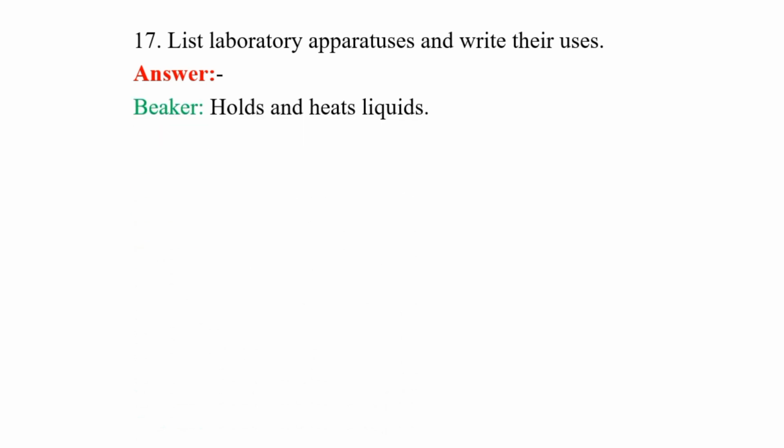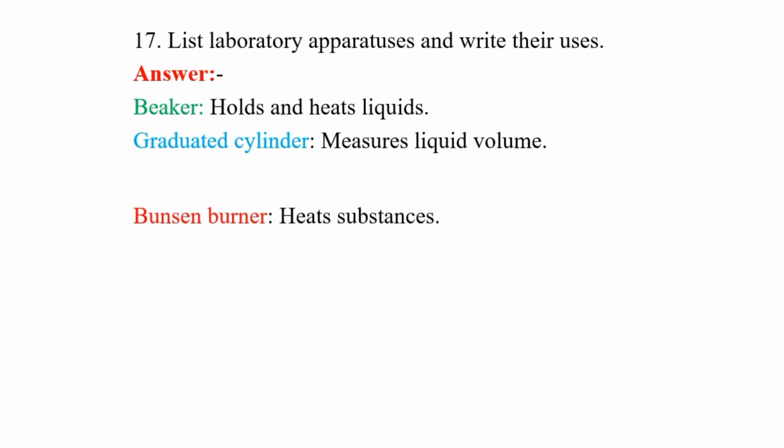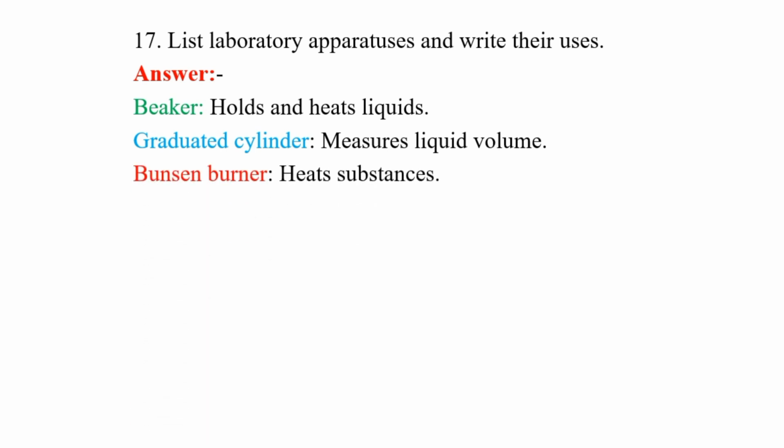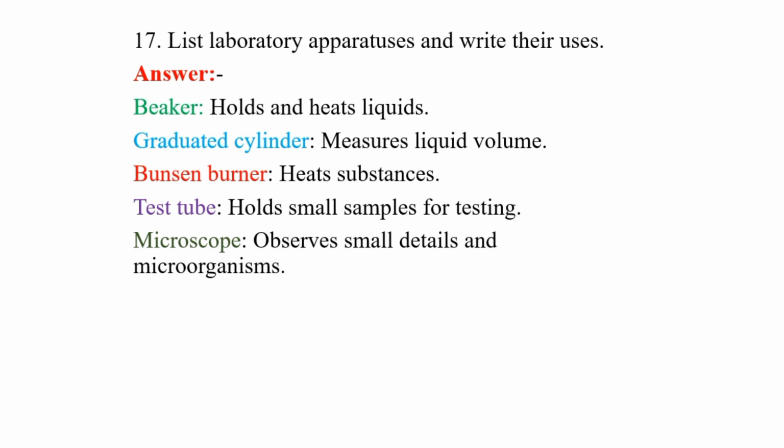The answers include: beaker, which holds and heats liquids; graduated cylinder, which measures liquid volume; Bunsen burner, which heats substances; test tube, which holds small samples for testing; microscope, which observes small details and microorganisms; pipette, which transfers small quantities of liquids; and so on.